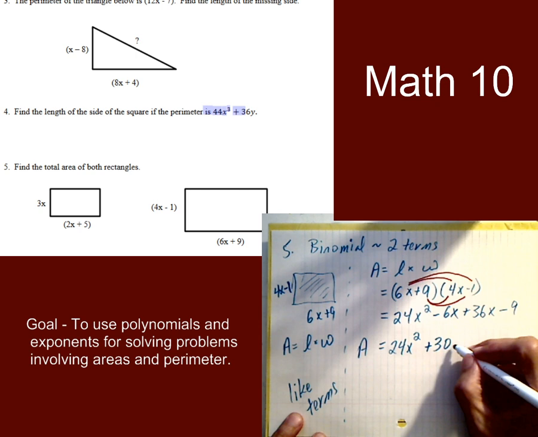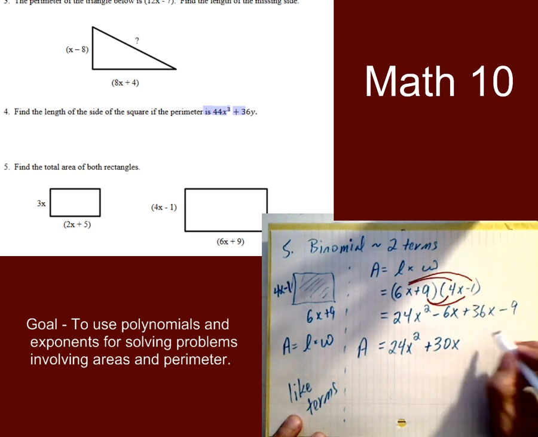Okay, so you get 30x like that. And then lastly, this is a number on its own, no variables there. And that's the only one. Nothing else to combine with, no other like terms. There's nothing like it. Okay, so you just copy it down there.